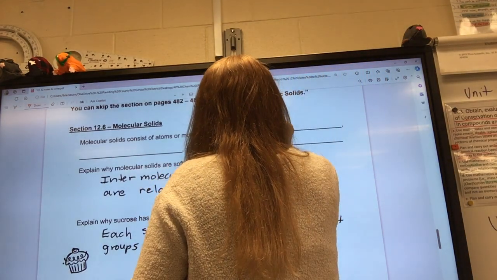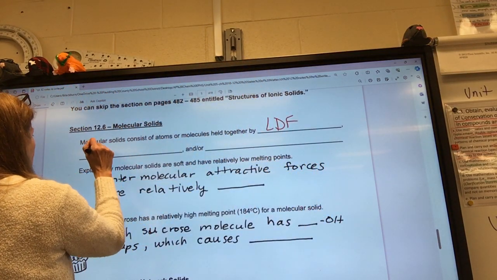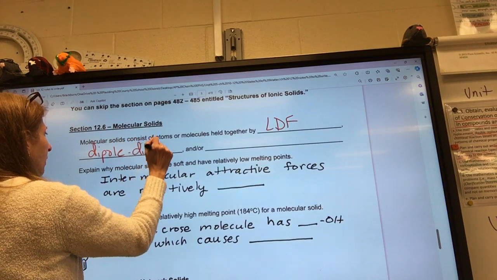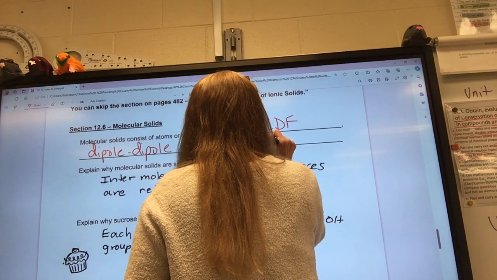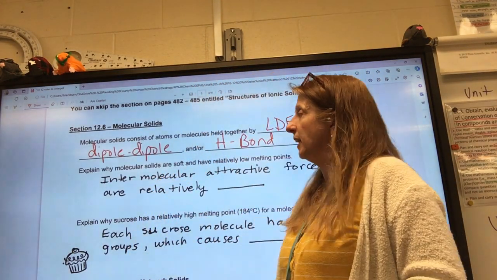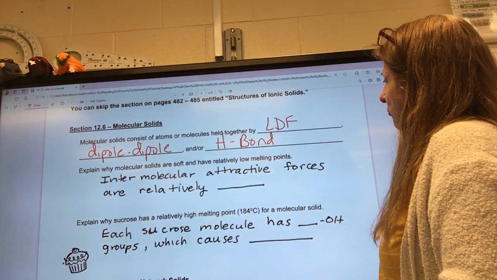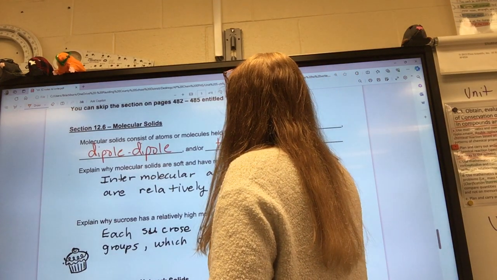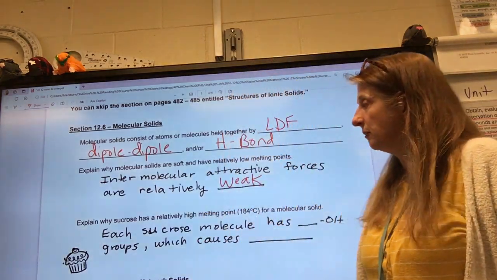Only London dispersion forces, dipole-dipole, and hydrogen bonds. So the molecules are strongly held together, but they're not strongly held to each other. So explain why molecular solids are soft and have relatively low melting points. The reason is because these attractions are weak. They are not strong, they are weak.